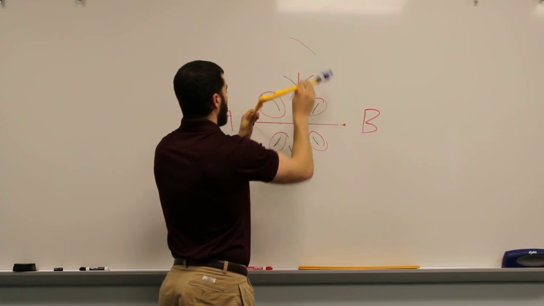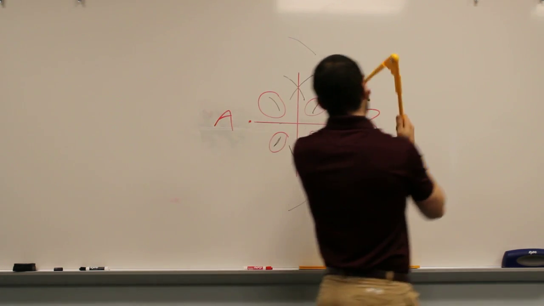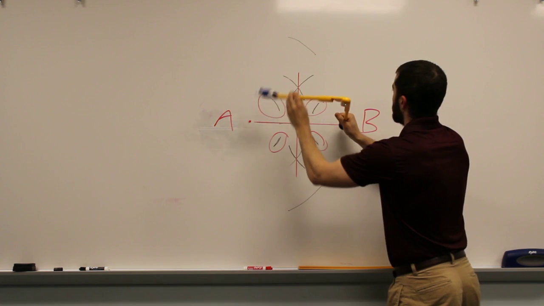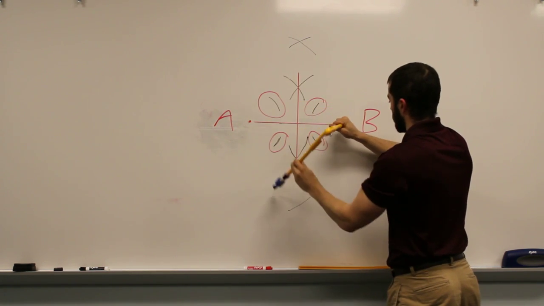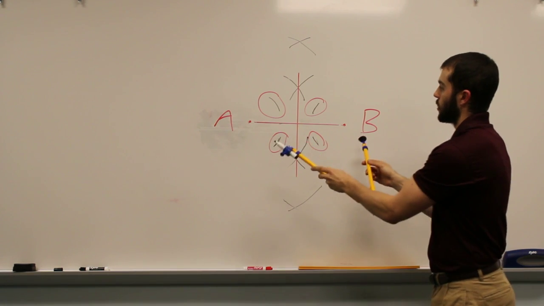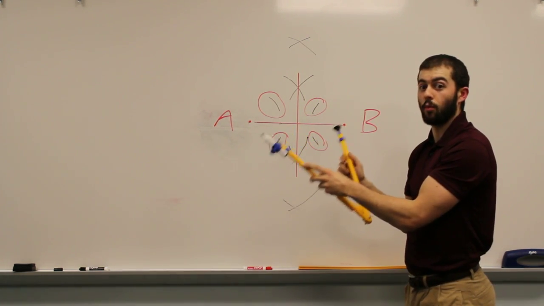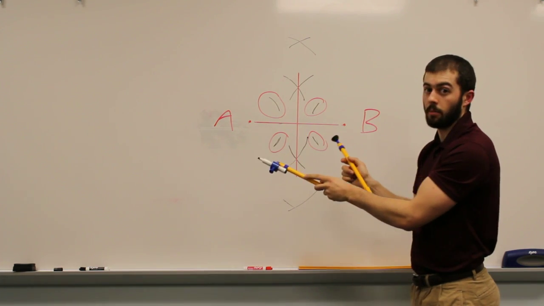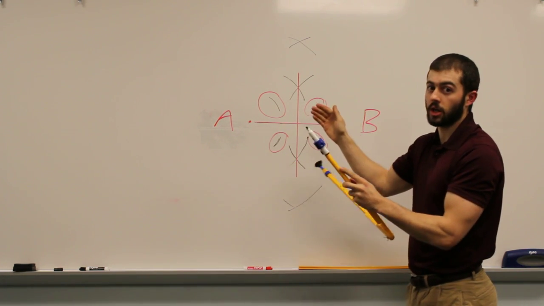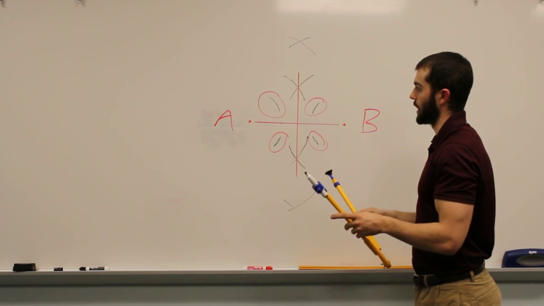Again, you could do an arc above and below, and we could do the same thing from the other side. Notice an important thing here: when you switch from point A to point B, you need to keep your compass the same width. If you change the width of the compass, then your intersecting arcs are not going to form a perpendicular bisector when you connect them.